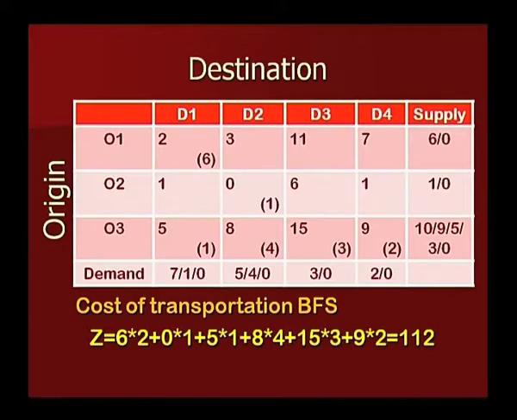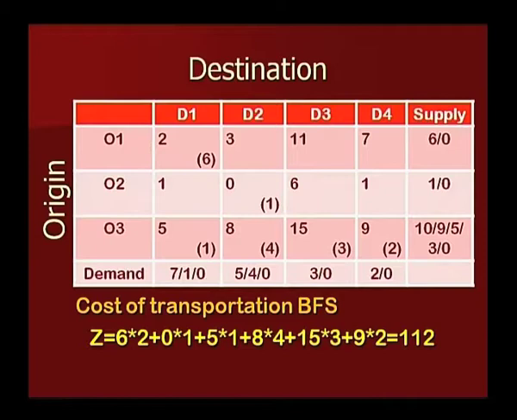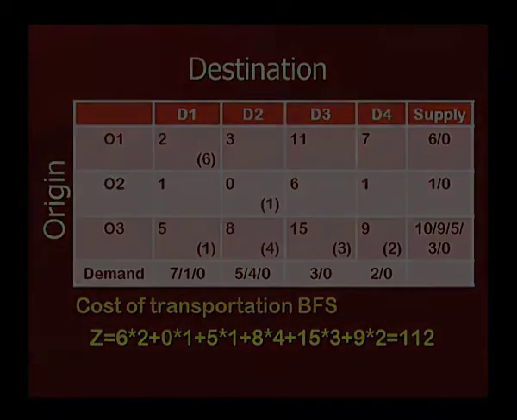This way we find the cost of transportation, that is the basic feasible solution, as Z is equal to 6 into 2 plus 0 into 1 plus 5 into 1 plus 8 into 4 plus 15 into 3 plus 9 into 2 is equal to 112.